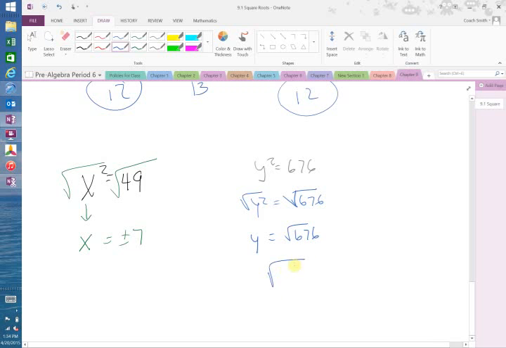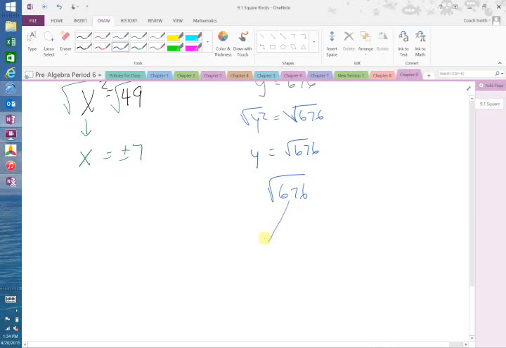The square root of 676 falls between the square root of 400 and the square root of 900. That's what it falls between. What is the square root of 400? 20. What is the square root of 900? 30.